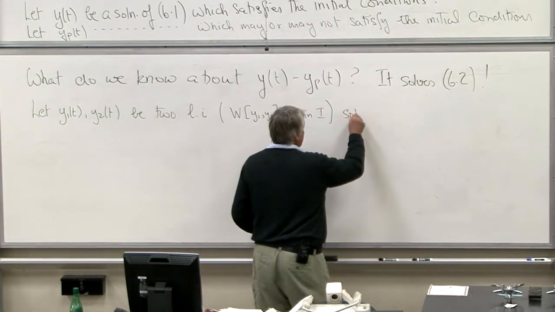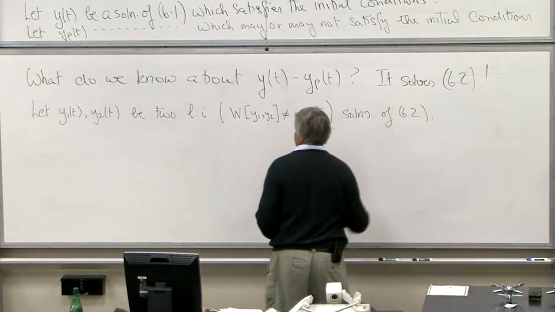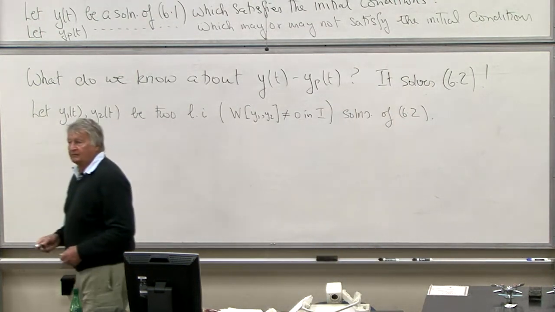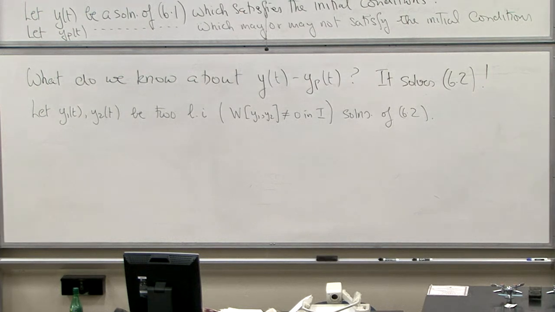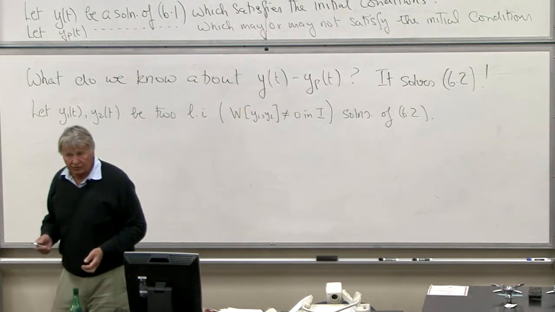Solutions of 6-2. The general solution of 6-2 is a y1 plus b y2. But y minus yp of t satisfies 6-2.